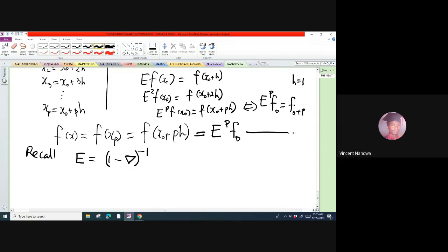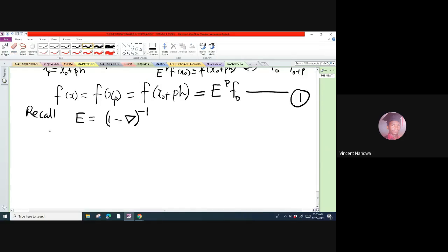Let's just call it equation 1. Which means that then this can be written as f of x equals E raised power p of f naught, which is the same as 1 minus backward raised power negative p of f naught.